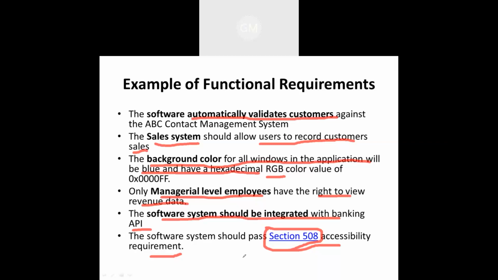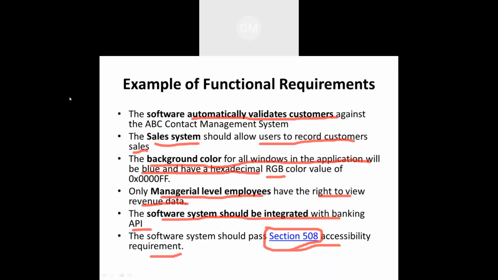As we know, how much sale is going to happen for a particular product or electronic gadget, we want to find out city wise or area wise. That authority is given only to that particular system's authority. That is the Section 508 accessibility requirement, which comes under a functional requirement. That authority is given to the higher authority only, not all.